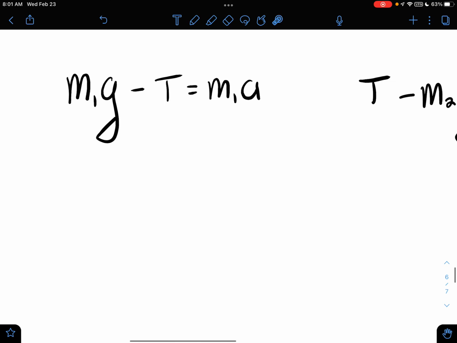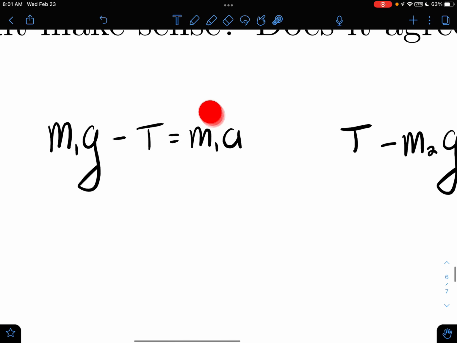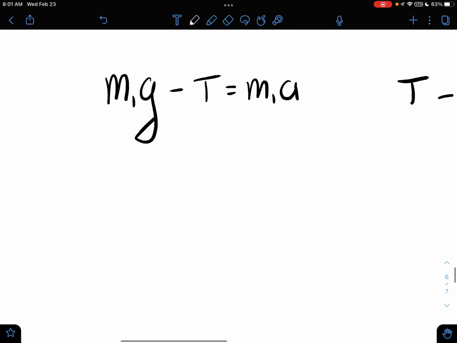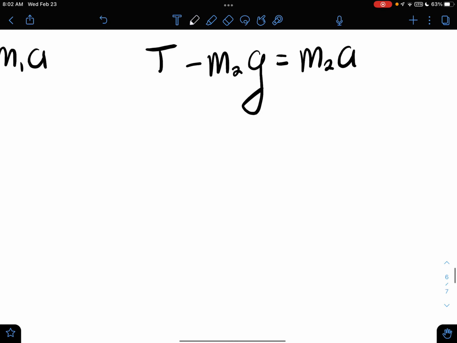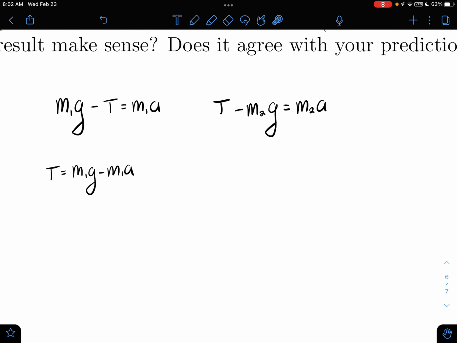So the first thing I'm going to do is solve this one for tension. Tension equals M1G minus M1A. And I'm going to plug that tension in over here.